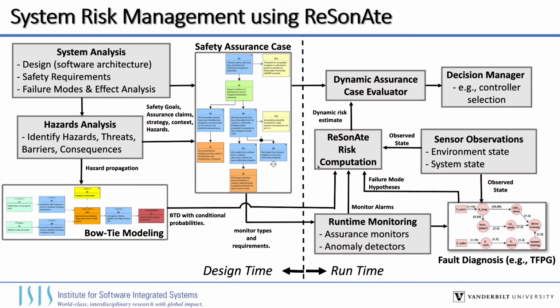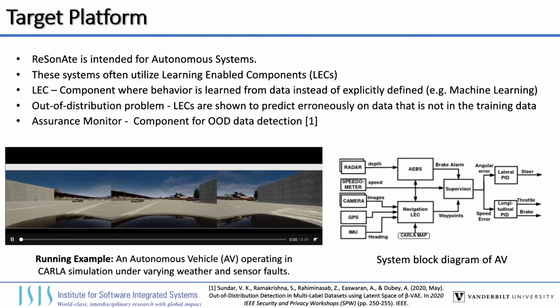This can then produce a dynamic risk estimate, which we can feed back into our assurance case to evaluate if our evidence is still valid, if our goals are still satisfied, and then into a decision manager to make decisions about any necessary mitigation or contingency actions.